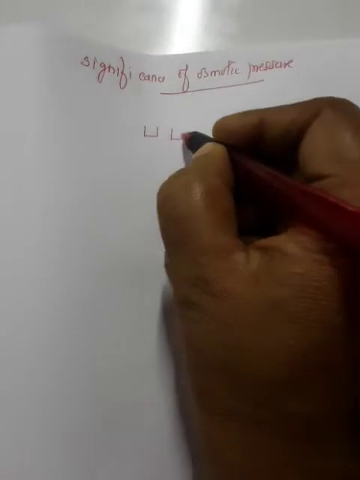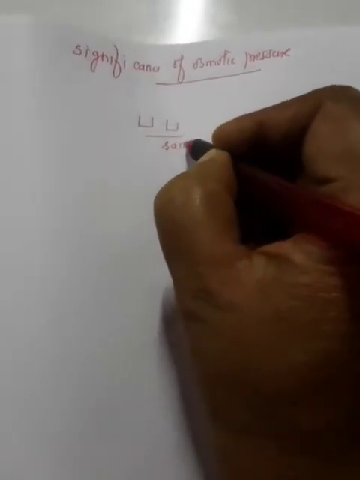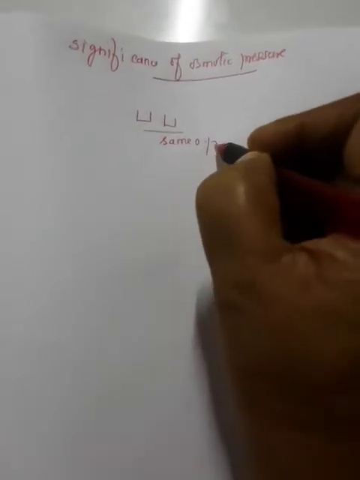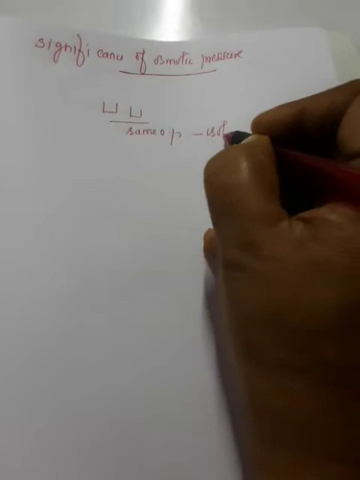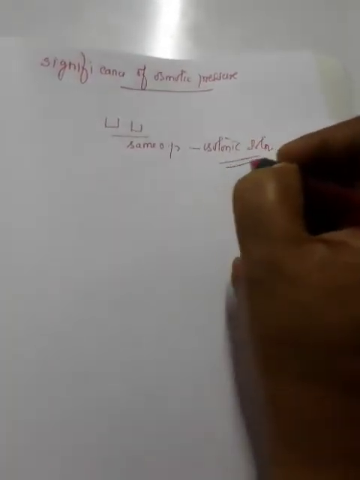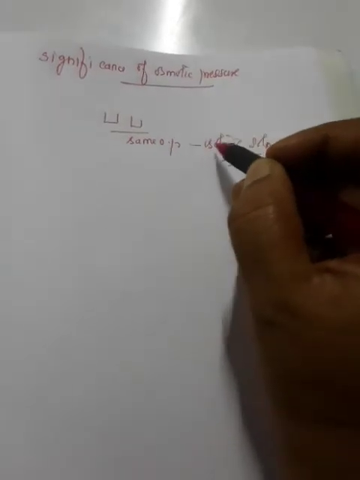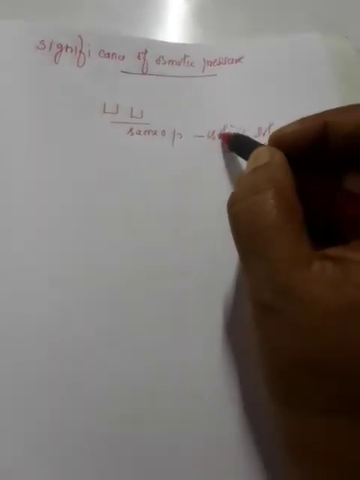So, if you are taking two solutions having the same osmotic pressure at a given temperature, that is called an isotonic solution.